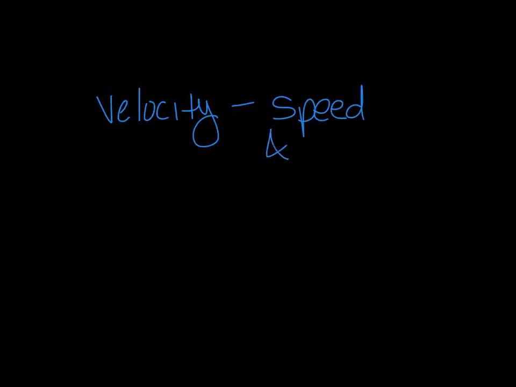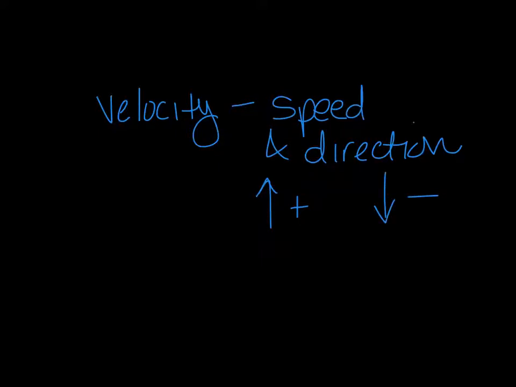But it also includes direction. Okay, and so if you're going up, your velocity is considered to be positive. If you're going down, like an acorn falling out of a tree, your velocity is considered to be negative. So whenever you talk about velocity, or if a formula asks you for velocity, you need to worry about if you're going up or down.